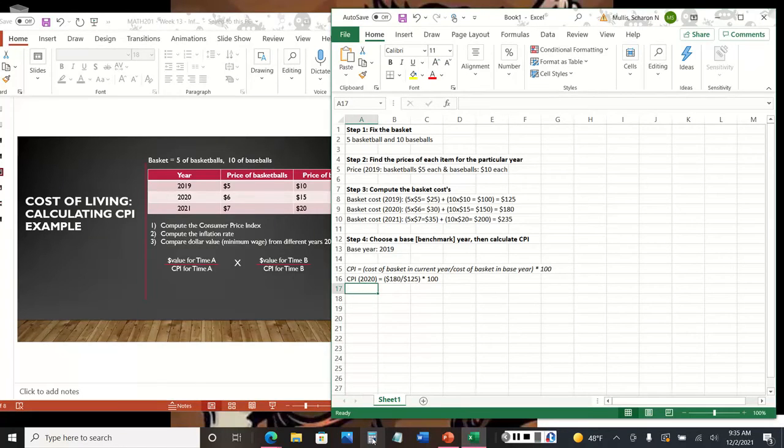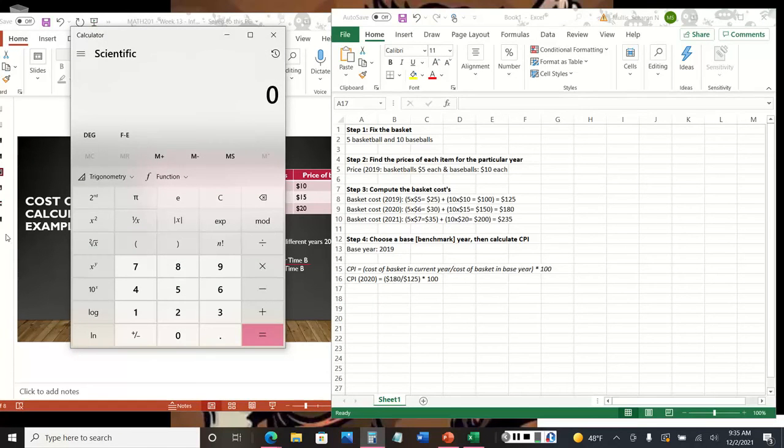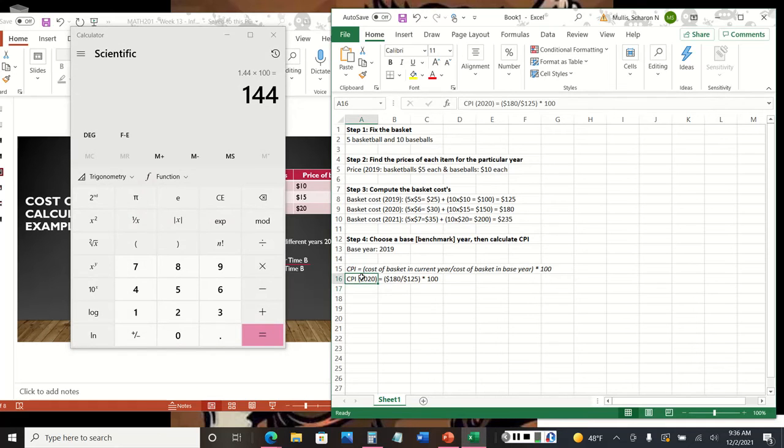So let's go into our calculator. 180 divided by 125. So 144. The CPI for 2020 is equal to 144. And we actually can do the CPI for 2019.